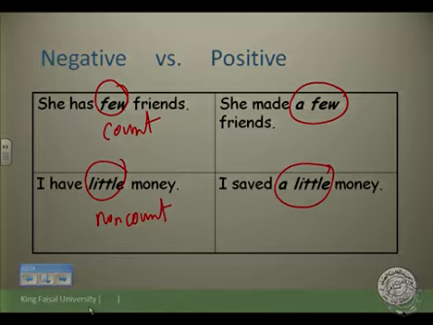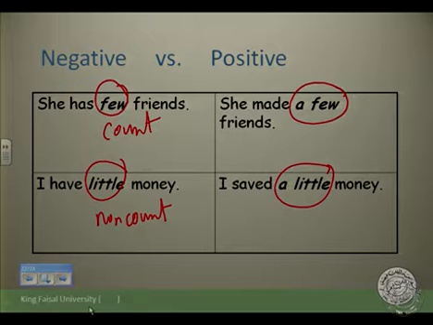Is it positive or negative? If you say she has few friends, it means very negative. This means that she's not favorable by a lot of people. Maybe because she's arrogant, or because her character is not appealing to a lot of people.